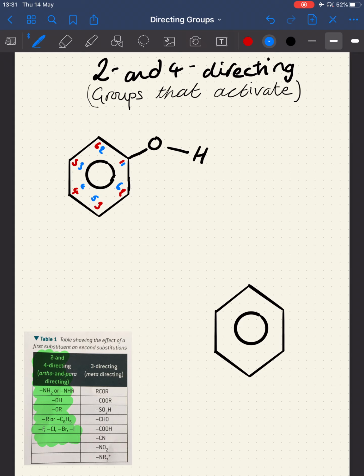So when we're talking about 2,4 directing, let's use chlorine for an example. Cl2, we're going to substitute in chlorine, halogenation. It could be substituted in on the 2,4. So let's focus on 2 for the moment. 2 location or 2 location.